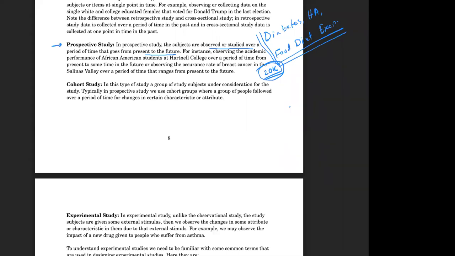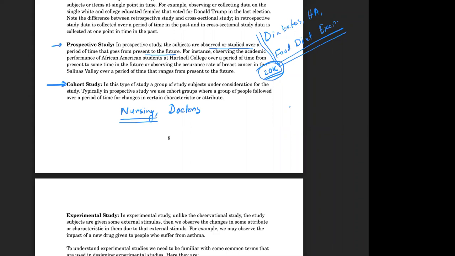Now, a cohort study is a semi-unique way of studying a group. A nursing program is a great example of a cohort study, or a medical program for those trying to become medical doctors. It's a group of people that go through the exact same routine work over a period of time.